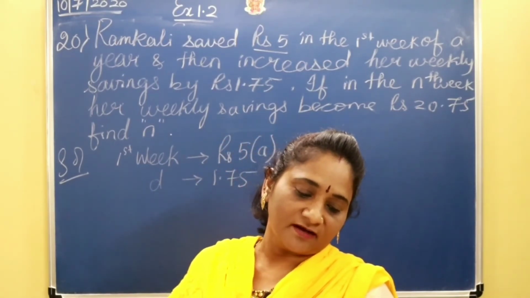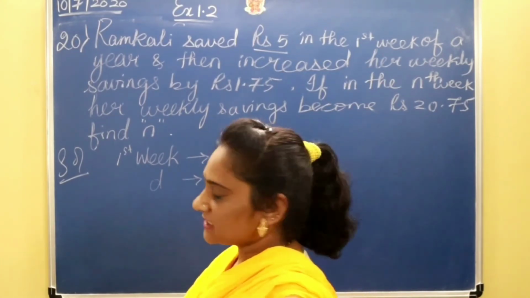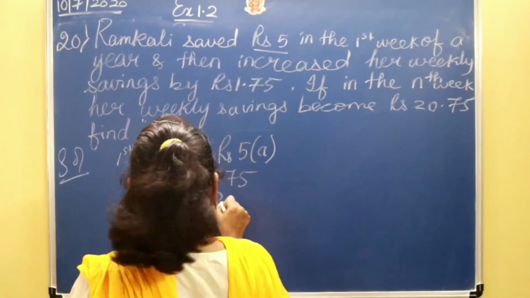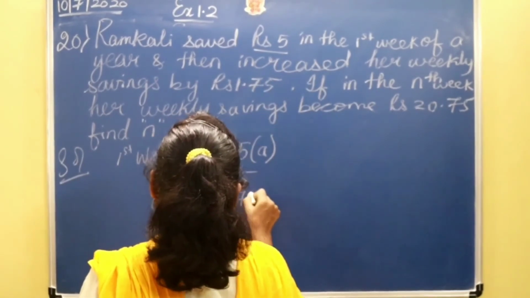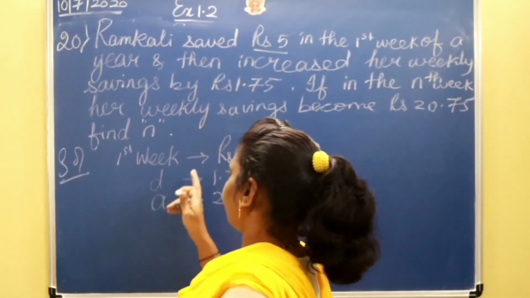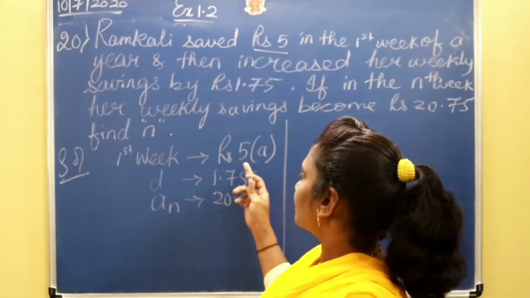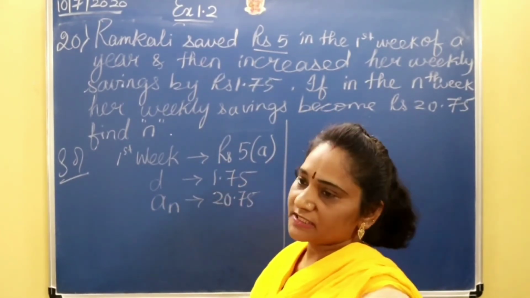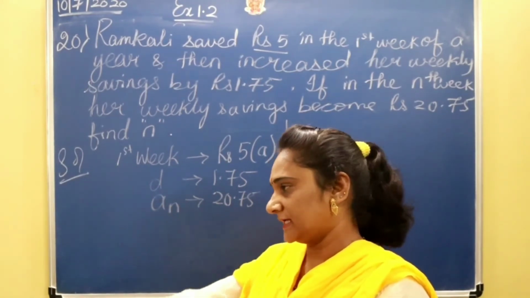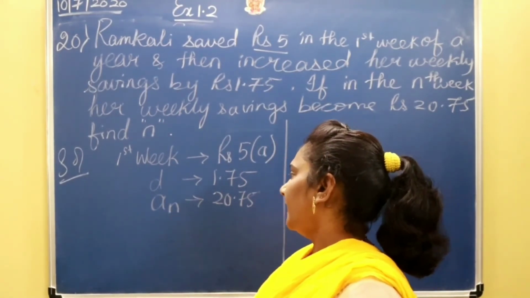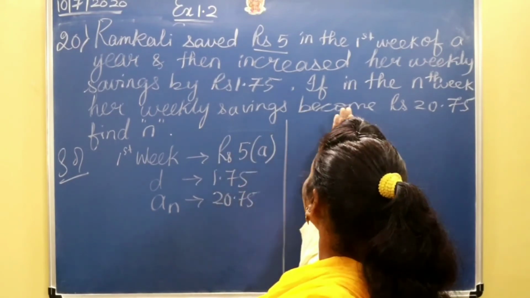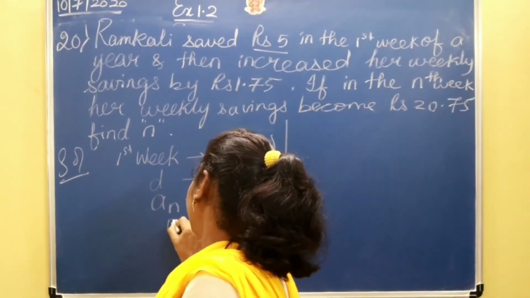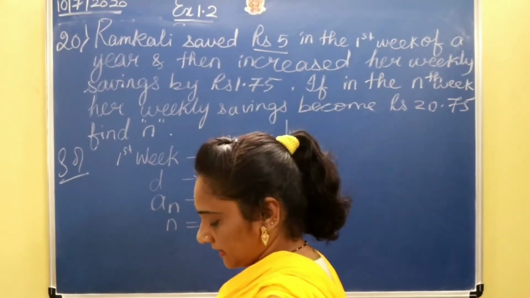If in the nth week her weekly savings become 20.75, therefore this will be our AN, 20.75. So the first week savings was rupees 5, that will be our A. The D will be 1.75 because that is the weekly saving. AN will be 20.75 given because that is the savings of the nth week. So N is equal to question mark.